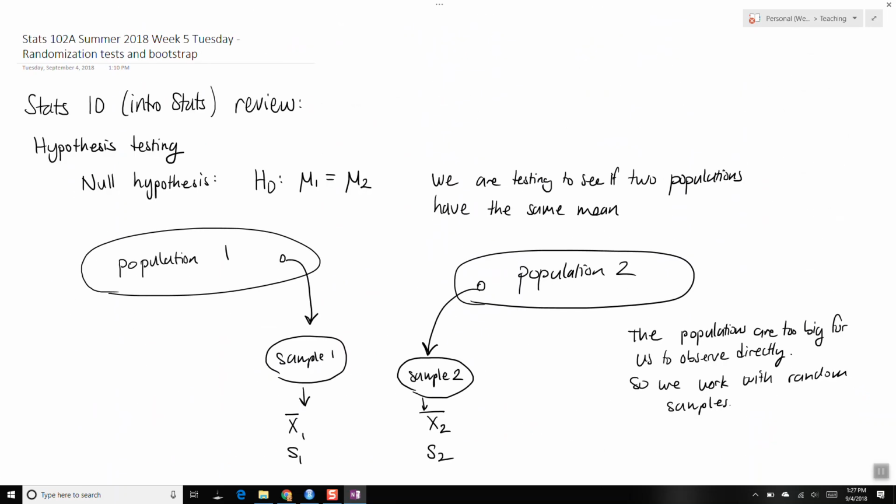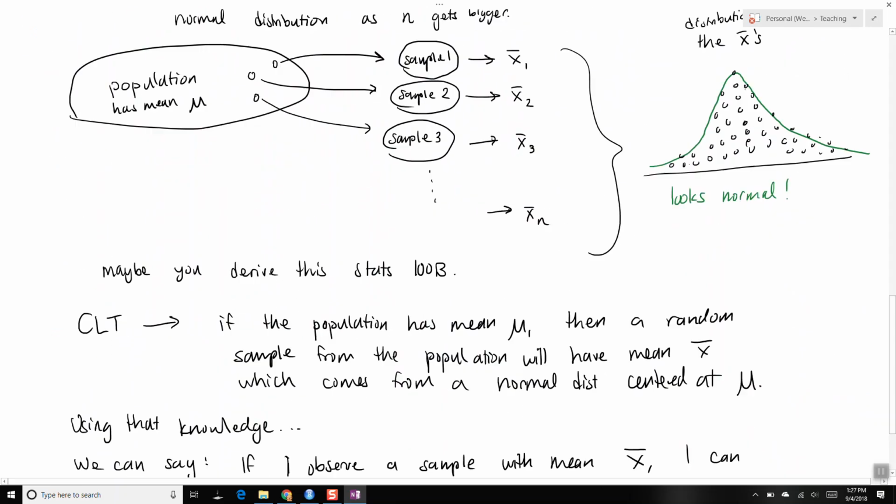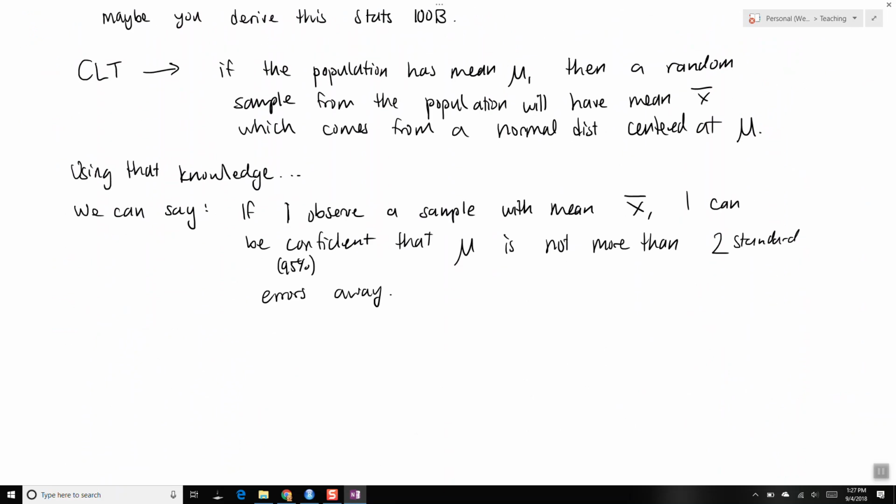But we're not going to rely upon the central limit theorem or the underlying math. We're going to take the definition of the p-value and translate that into something that we can code up.